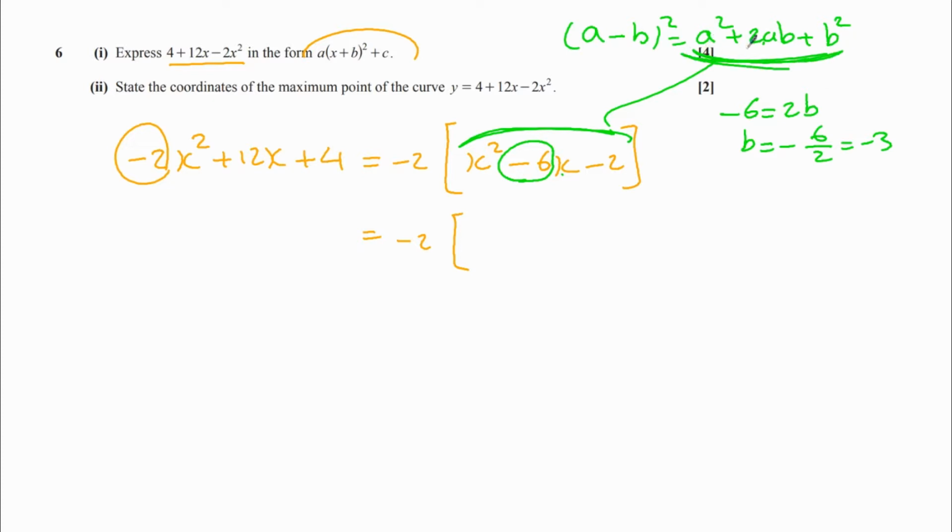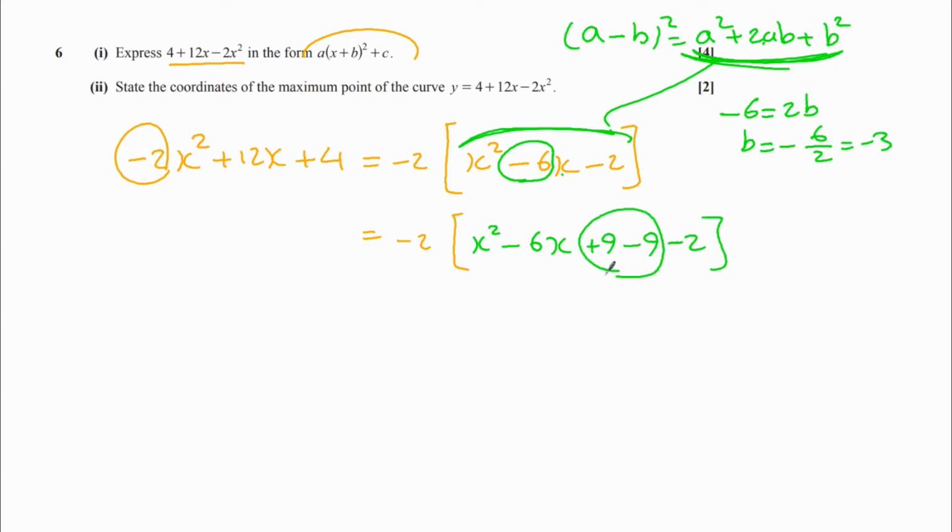Because we know that this would make a completing square. So if we have a squared plus 2ab, we need to add b squared. So this would be x squared minus 6x. Now our b is minus 3, so b squared is 9. I'm going to add plus 9 minus 9, add and take out, and the rest is minus 2. You see, I'm still keeping that organization going.